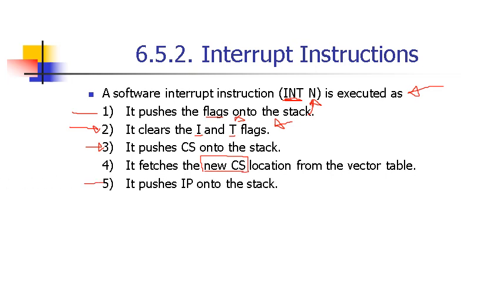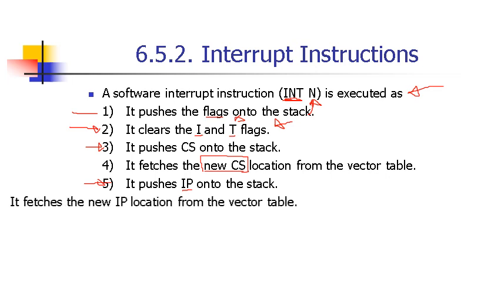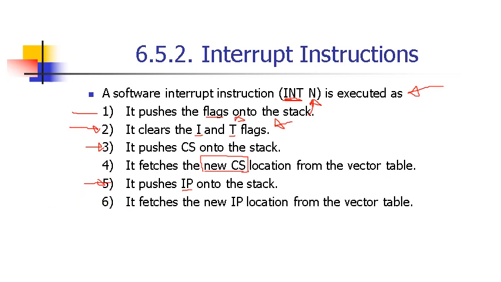And you do this with your IP. First, you place the current IP into the stack. Next, you go to your memory by the help of your interrupt vector to get your 16 bits to know your new IP.